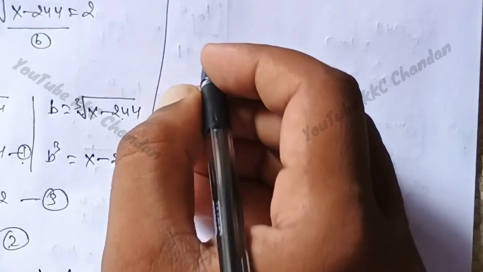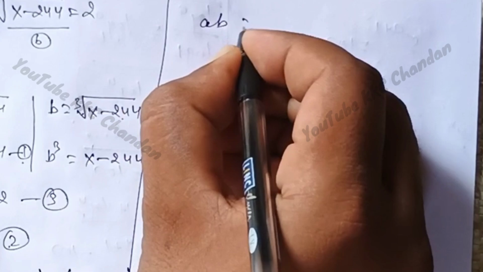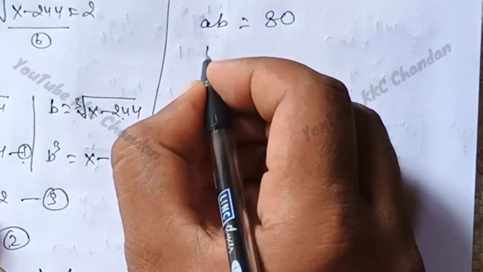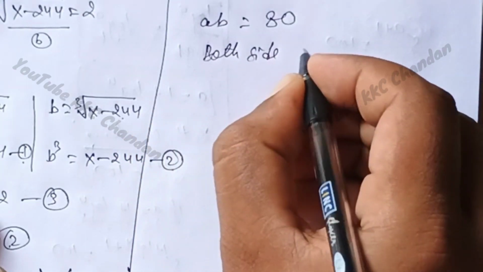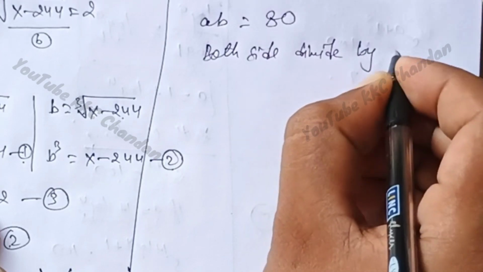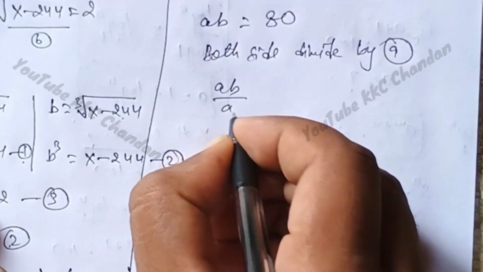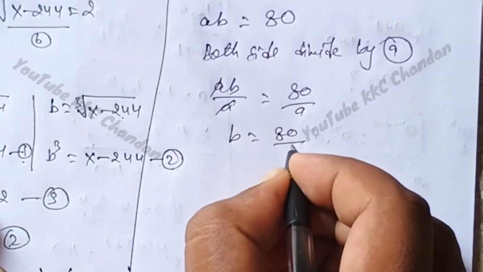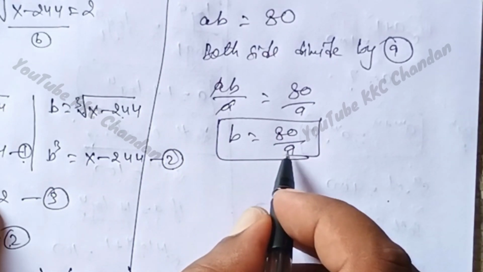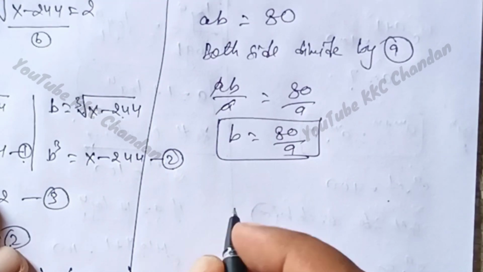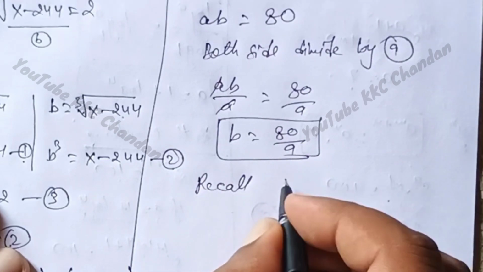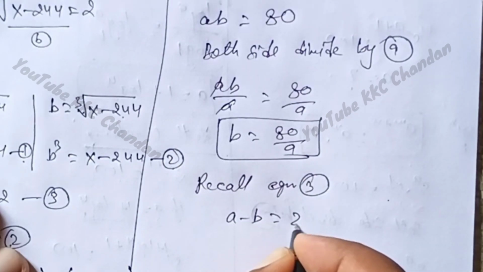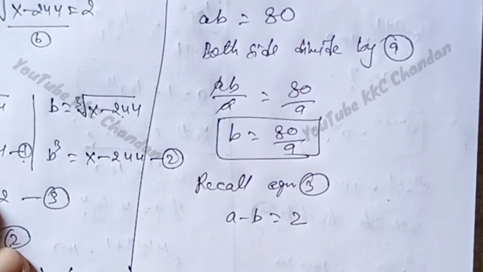So AB is equal to 80. After that, both sides divided by A. AB divided by A is equal to 80 divided by A, A cancel, B is equal to 80 divided by A. Recall that equation number 3 is telling that A minus B is equal to 2.